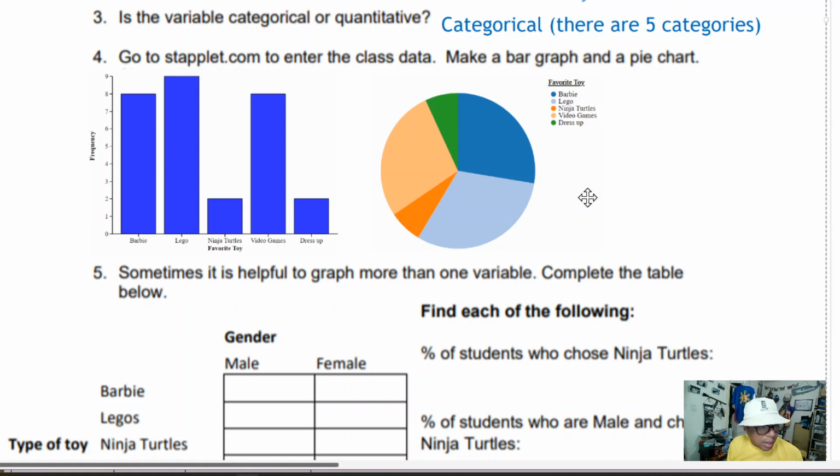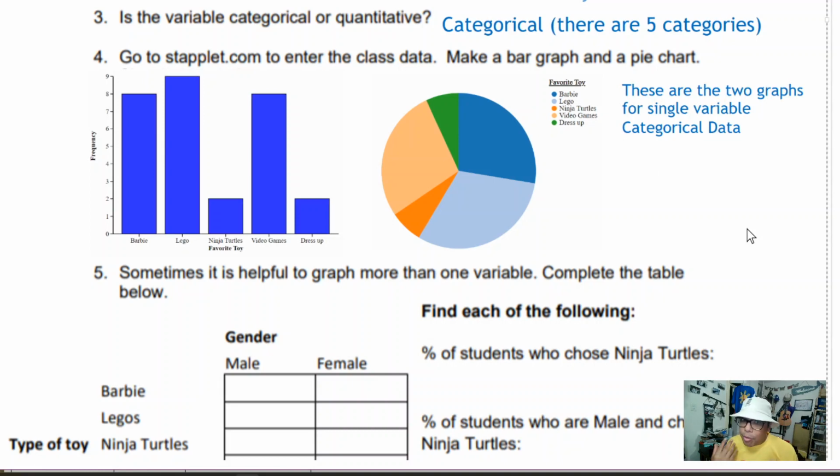So here we go. With that, we've got our two different graphs here for categorical data. And really, these are the only two kinds of charts and graphs that we'll be using for single variable categorical data.